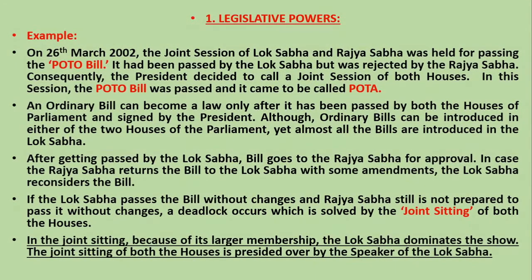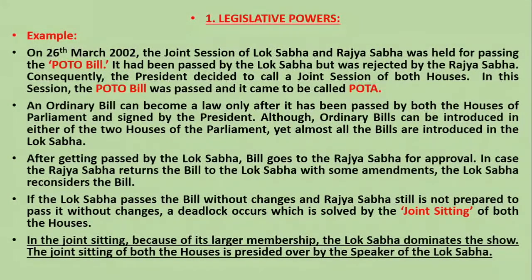In the joint sitting, because of its larger membership, the Lok Sabha dominates the show. The joint sitting of both the houses is presided over by the Speaker of Lok Sabha. You know, in joint sitting, the Lok Sabha dominates the show. What does it mean? I hope you know total membership of Lok Sabha is elected members are 543 and 2 are nominated.